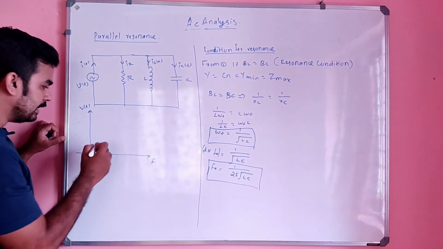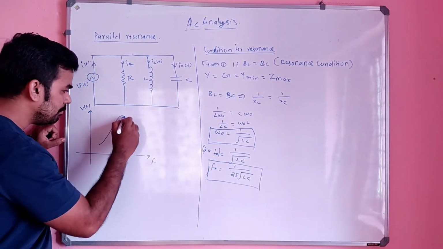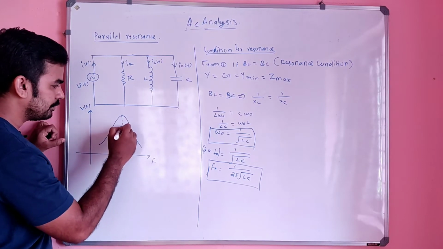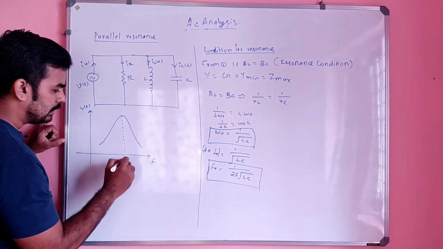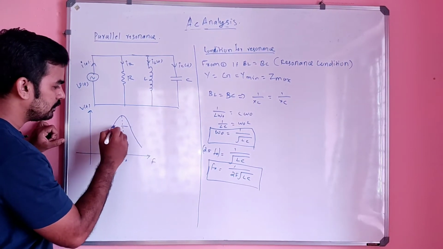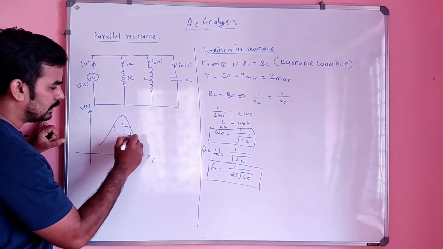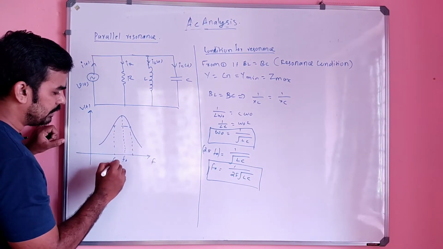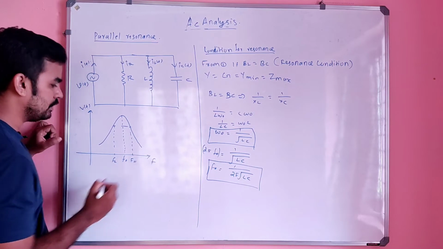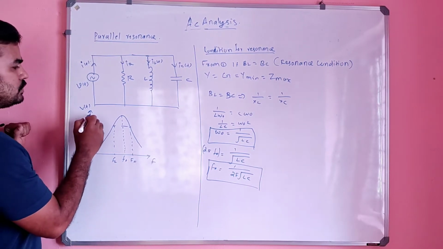How can we obtain that curve? So this will be the shape of that curve. This is F0, and this is FL, this is FH.